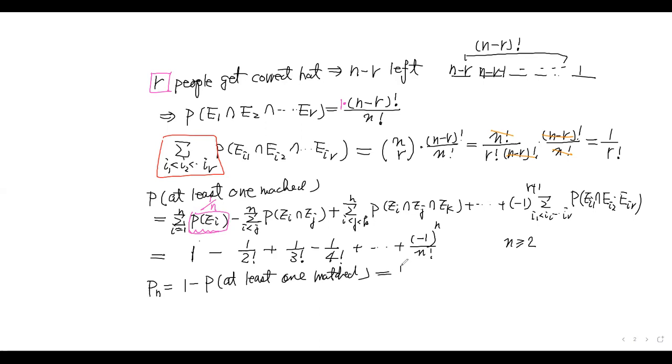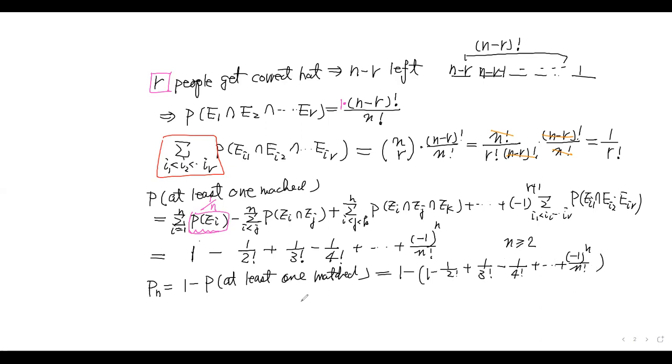So it's 1 minus, 1 minus 1 over 2 factorial plus 1 over 3 factorial minus 1 over 4 factorial, and so on, plus negative 1 to the n over n factorial, right?